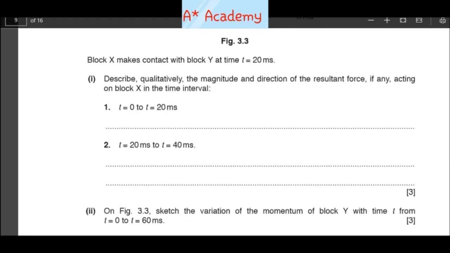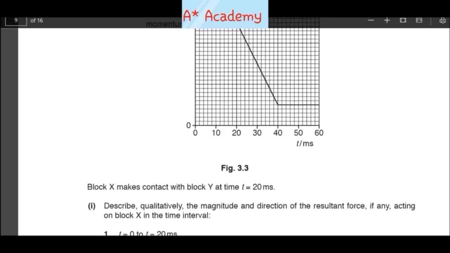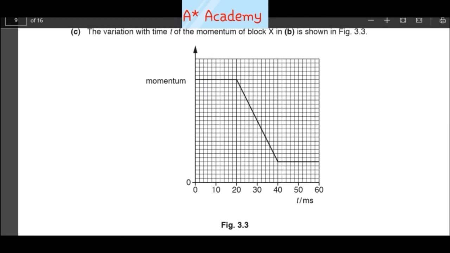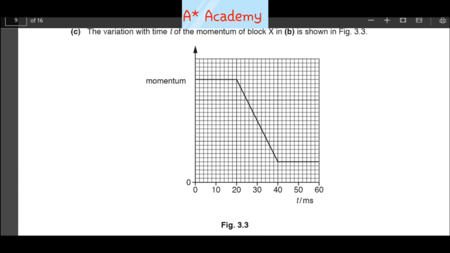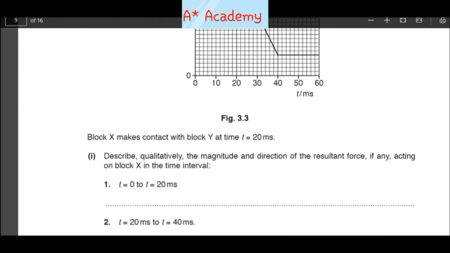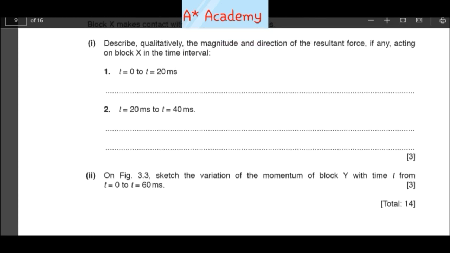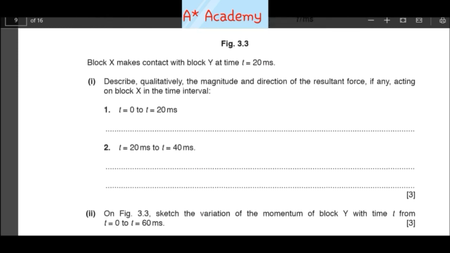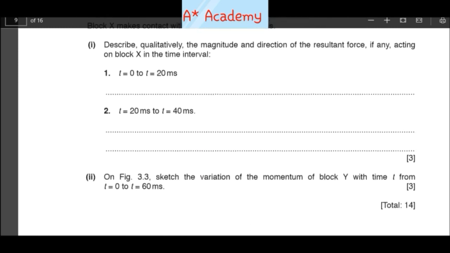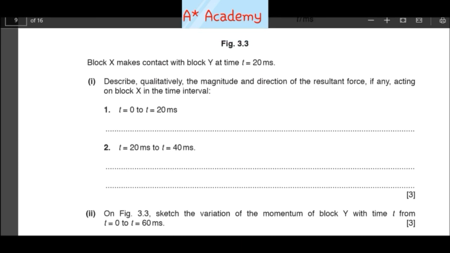Now, the resultant force acting on block X is 0 for the first 20 milliseconds. Why? Because there is no change in momentum, which means there is no change in velocity, which means acceleration is 0, which means the resultant force is 0.